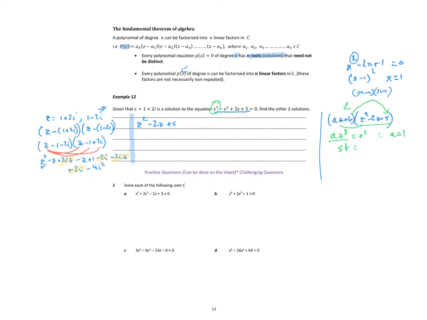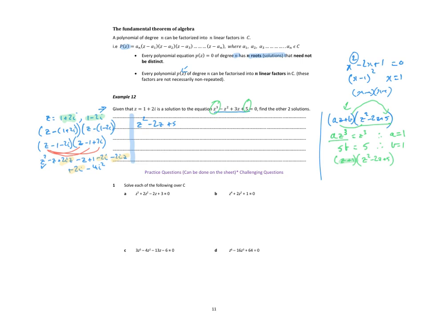That's the only constant expression, and 5b has to equal 5. Therefore, b is equal to 1. So my last linear factor, az plus b, is z plus 1. And so that's my factored solution. So my other solutions are 1 plus 2i, that's one solution, 1 minus 2i is a solution, and z plus 1 gives me the other solution.